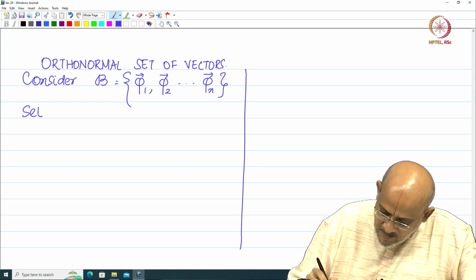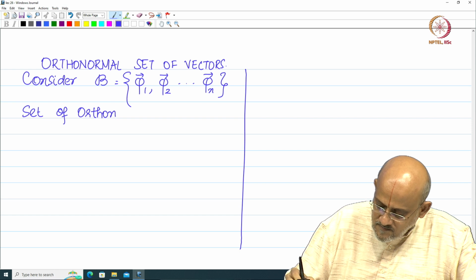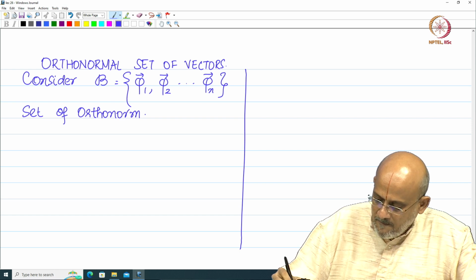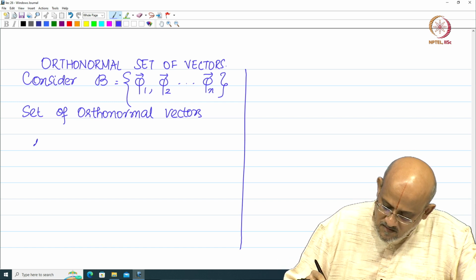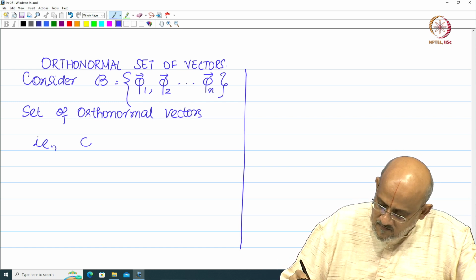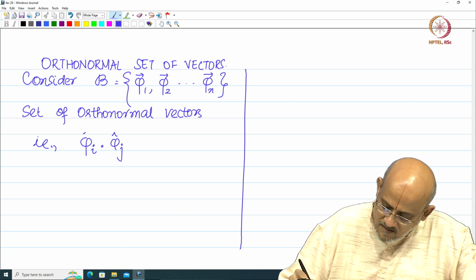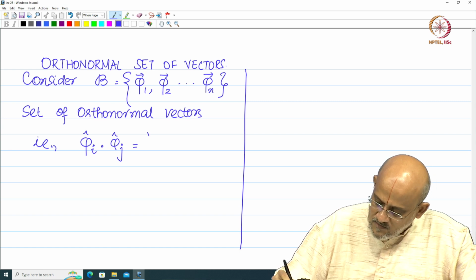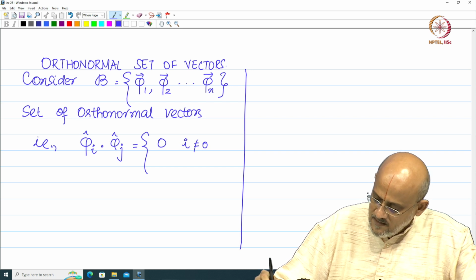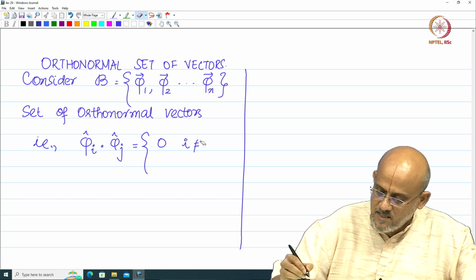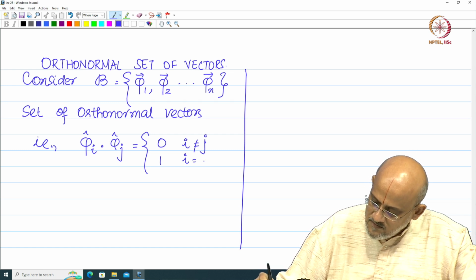A set of orthonormal vectors satisfies phi i dot phi j is equal to 0 if i is not equal to j, and is equal to 1 if i is equal to j.